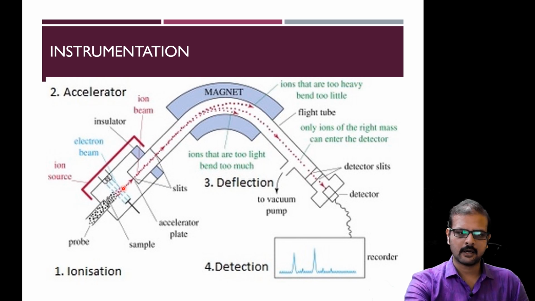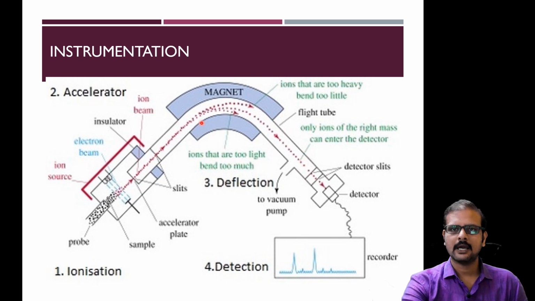Then the molecular ion will enter the analyzing part, that is the mass analyzer. Here the mass analyzer will be in a bend shape with a magnet present here. Why this type of structure, we will see in the analyzer part. So the molecular ion will travel along the mass analyzer and will reach the detector.